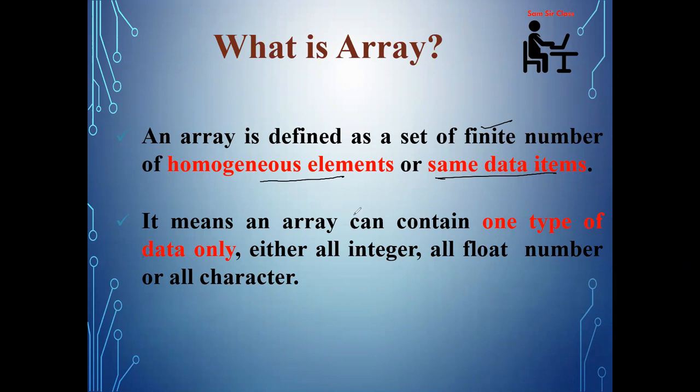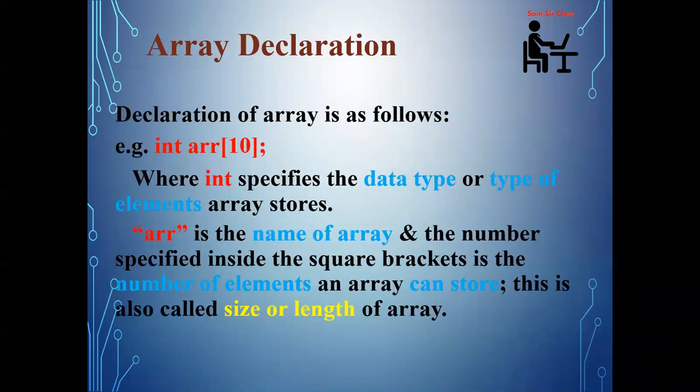So an array can contain one type of data only, that is either all integers, all float numbers, or all characters. It depends on the data type with which you declare the array. Clear? On that basis we can store the values. Remember that through array we can store only similar type of data elements in a single variable. Clear?